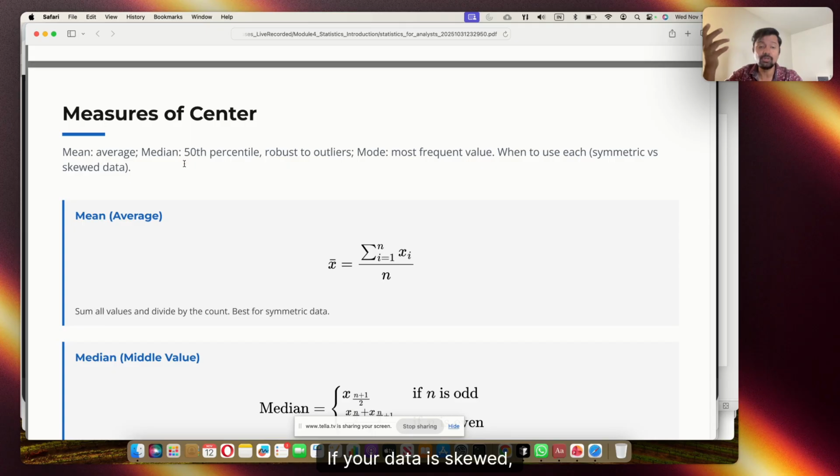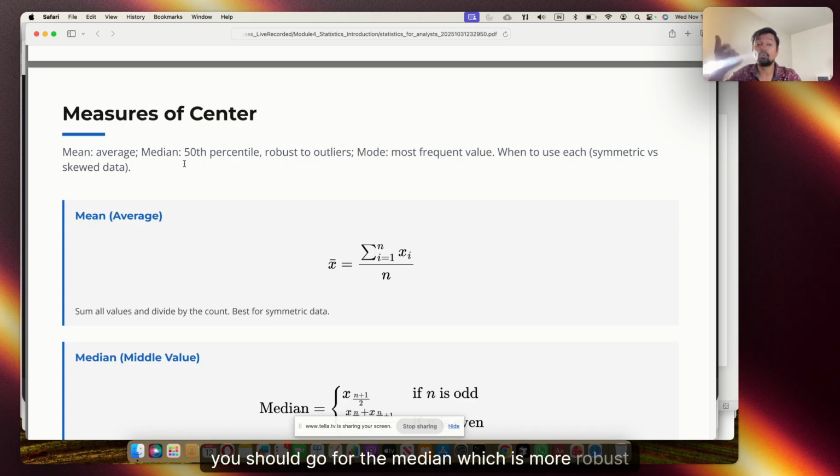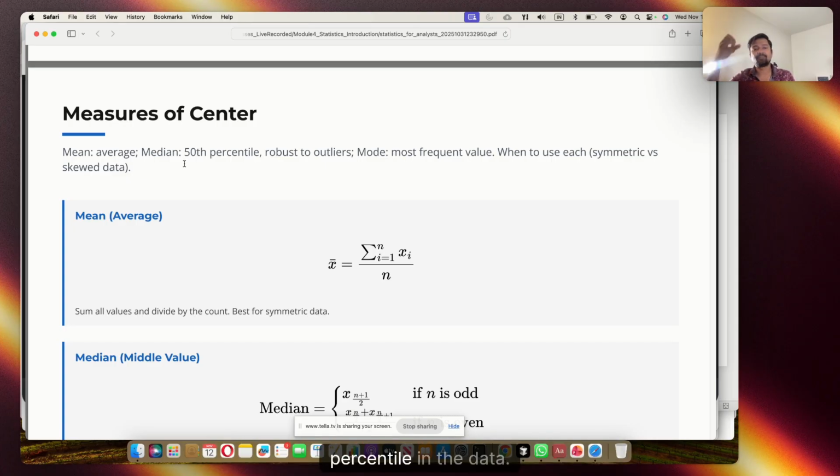If your data is skewed, you should not take the mean. The mean will not provide much information. In that case, you should go for the median, which is more robust to outliers. When you have a skewed distribution, you have more higher values at one end, so you are going to cover the 50th percentile in the data. Wherever it is covered, you will get the median value.